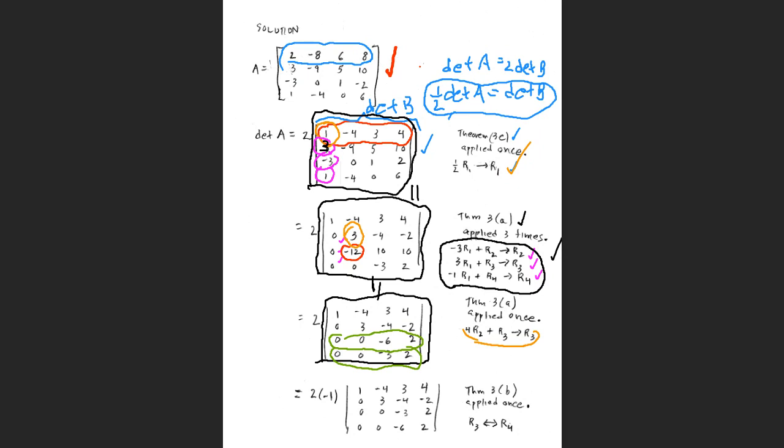I do a row interchange. Swapping rows 3 and 4, by theorem 3, property B, if you interchange the rows, that introduces a negative. So this determinant here equals the negative of this determinant.